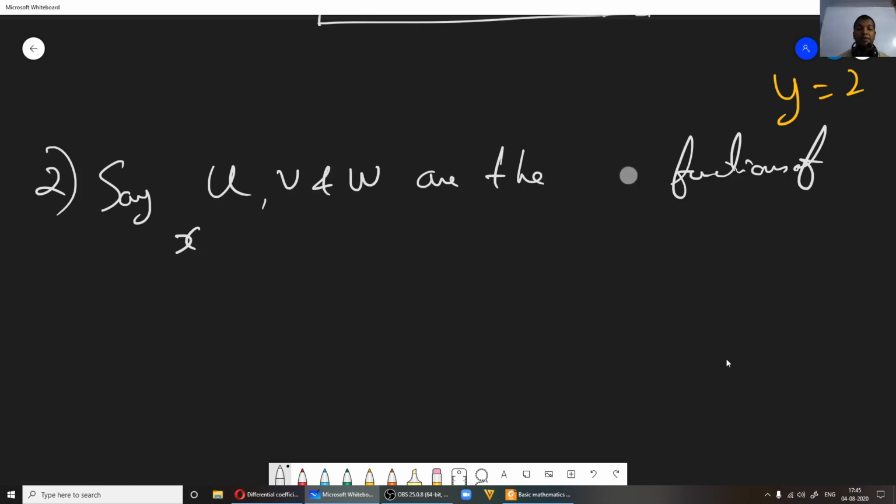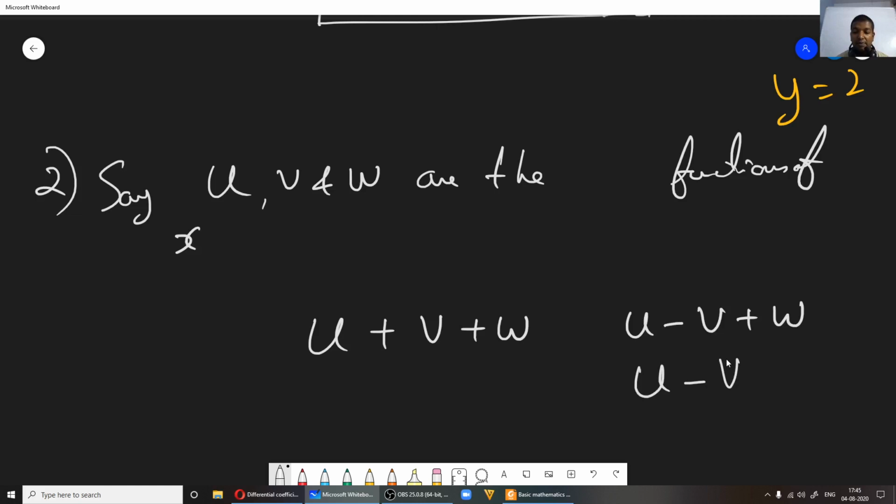Now what we will do is consider the sum of the functions. You can consider the sum, otherwise you can consider the difference, or you can consider sum and difference like I have written here, that is u minus v minus w, like that.